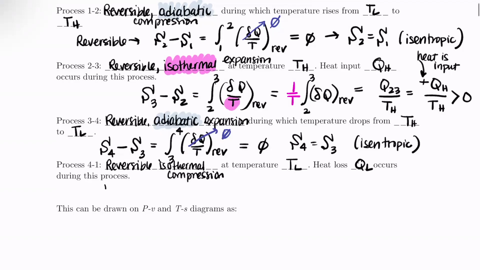So we have S1 minus S4 is equal to the integral from 4 to 1 of delta Q over T for our reversible process. This is again isothermal, so we're going to bring 1 over T out to the front.